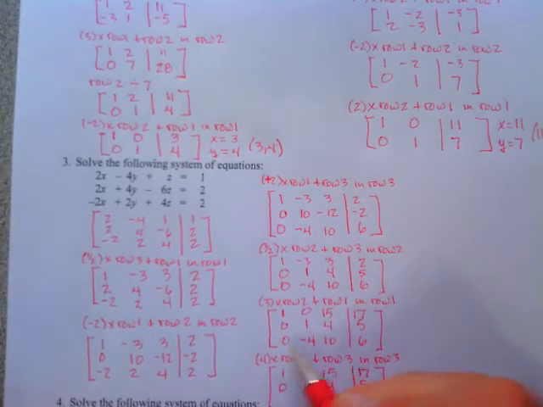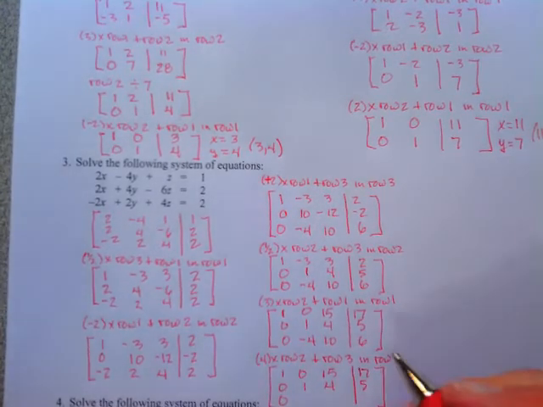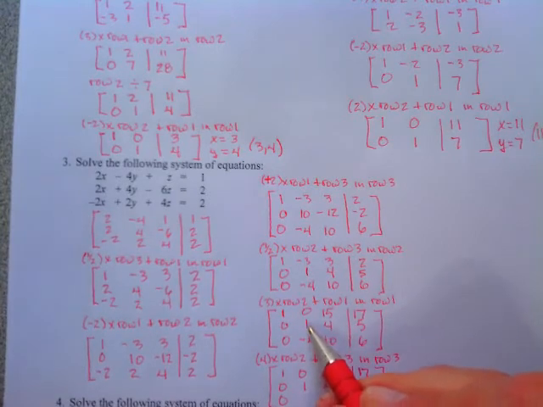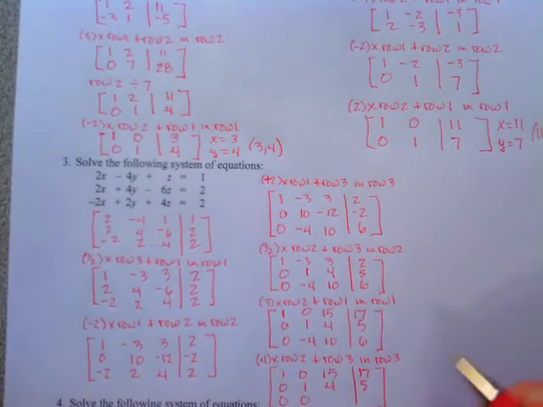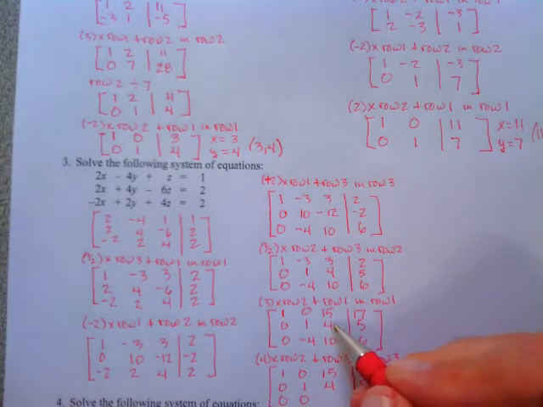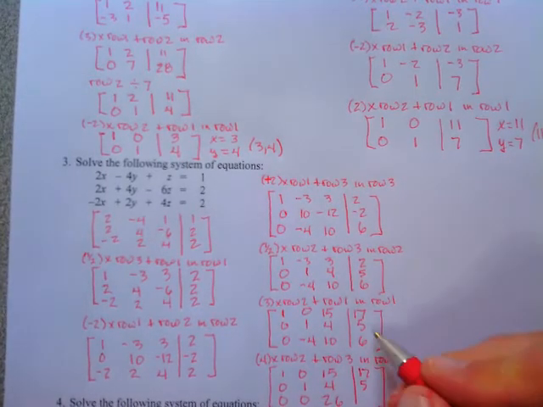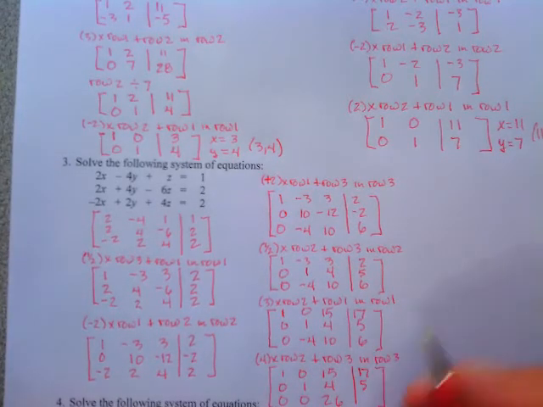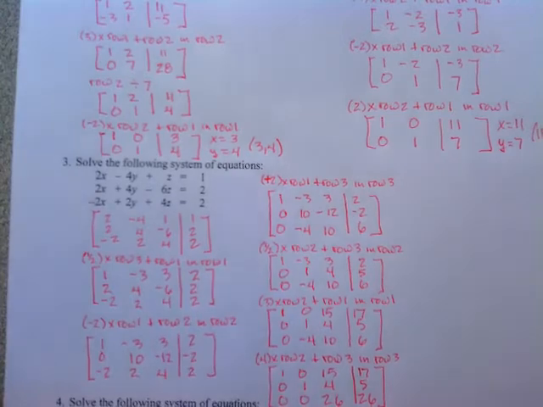So 0 and 0, that's still going to be 0. 4 times 1 is 4, and a negative 4, that's 0. 4 times 4 is 16. 16 and 10 is 26. 4 times 5 is 20. 20 and 6 is 26.